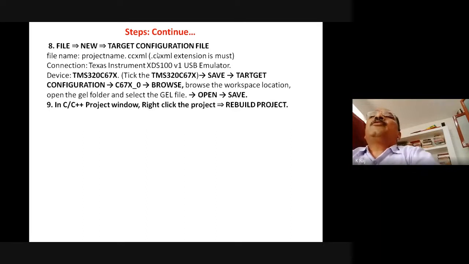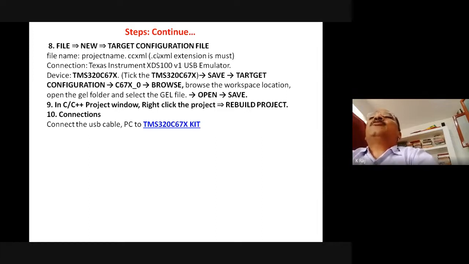In the C++ project window, right click the project, and then rebuild project here, and then connections. In the connections we will connect the USB cable from the PC to the TMS320C67X kit here.